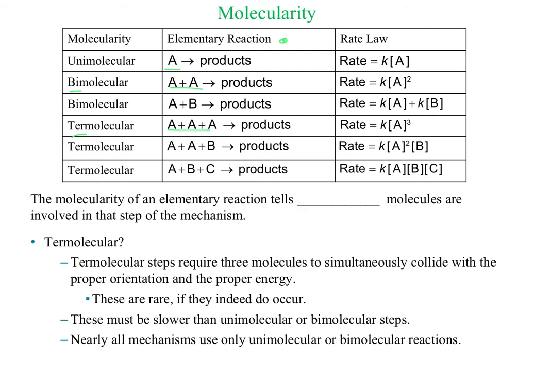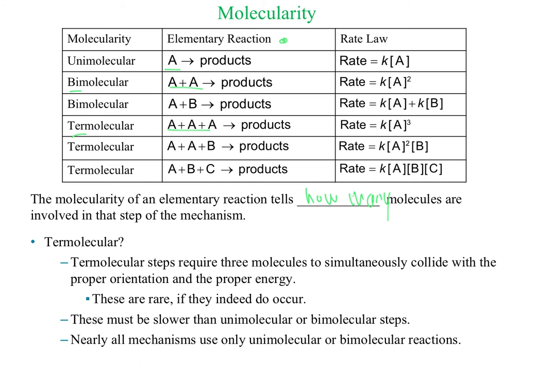So again, rate laws are determined experimentally, and it's something we observe from what happens, and it happens all the time. It's consistent. But our elementary reactions are what we are theorizing happened behind the scenes that we can't really see because it all happens so fast. So it tells us how many molecules are involved in a step.